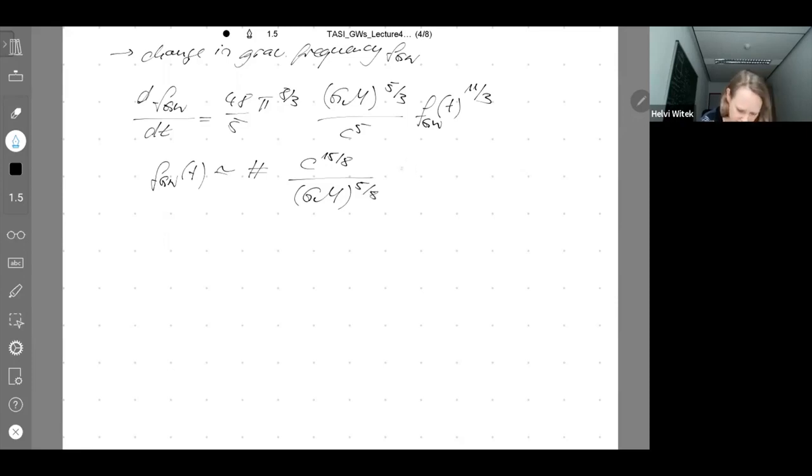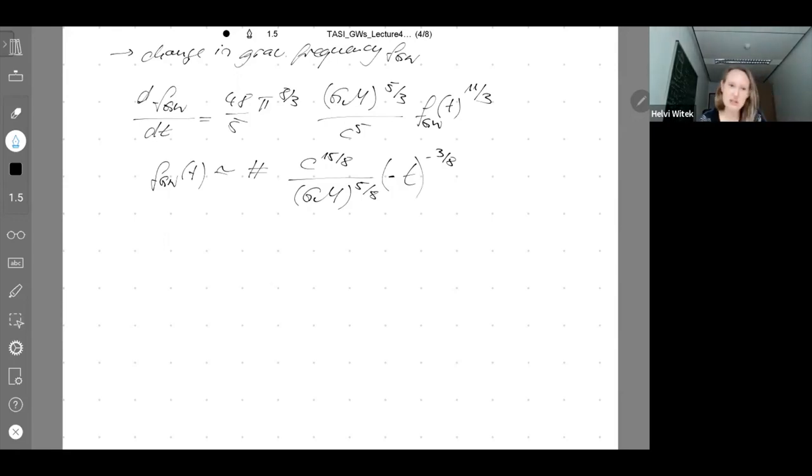And then we would actually get time to the power of -3/8. I think there should actually be a minus sign here.